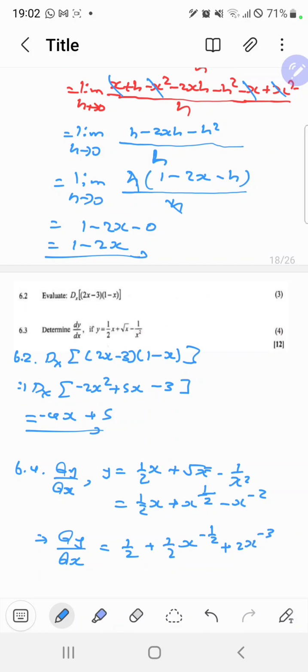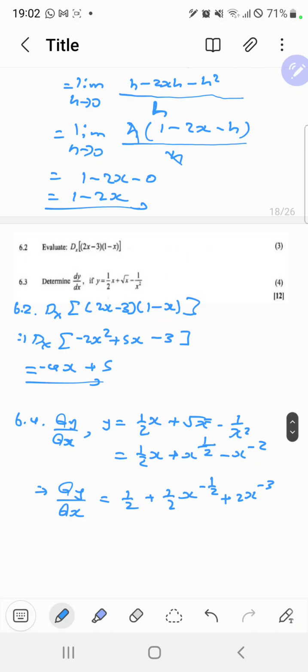At times you don't want to overly do this thing. You leave it like this, okay? If your derivative is fine, you don't have to convert these to exponents.